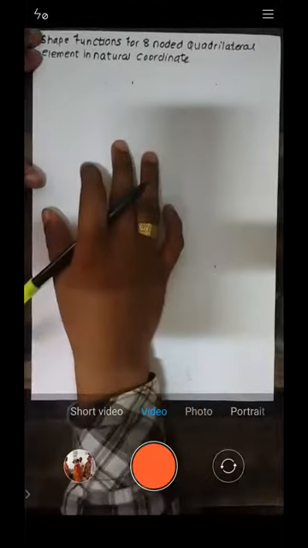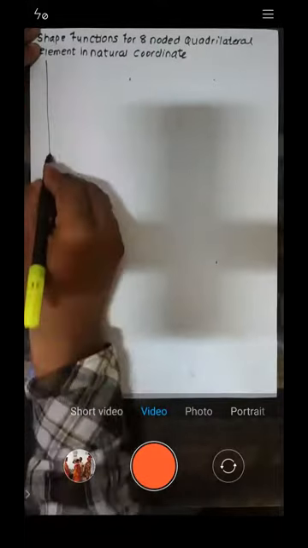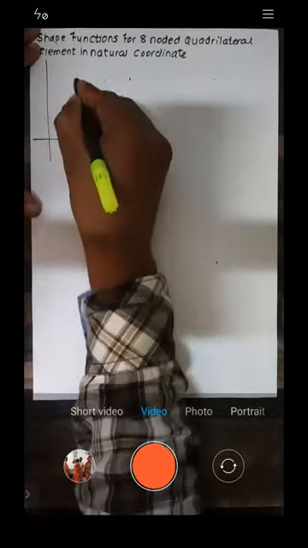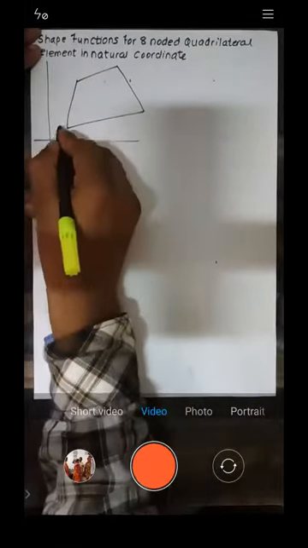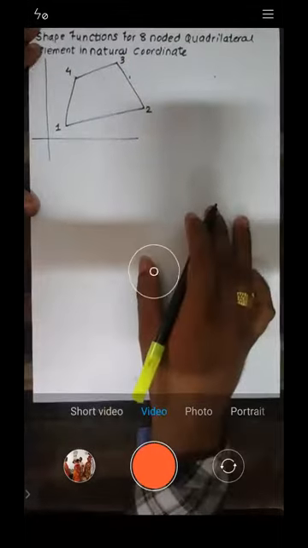Yes, sir. Now let's see this element, that is the 4-noded quadrilateral and the 8-noded quadrilateral element. In the last lecture we have seen this 4-noded quadrilateral element. This is node number 1, this is node number 2, this is node number 3, and this is node number 4. It's a 4-noded quadrilateral element, right?